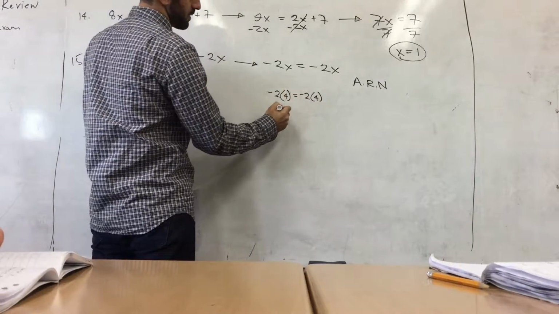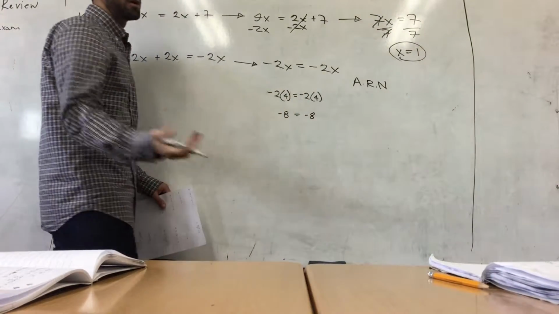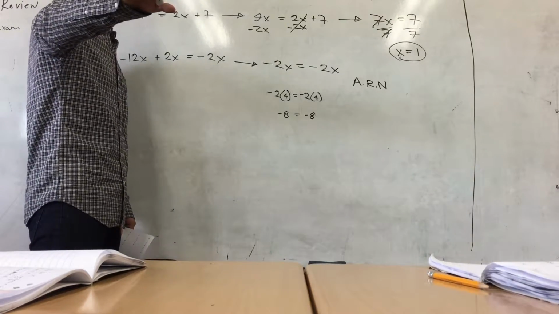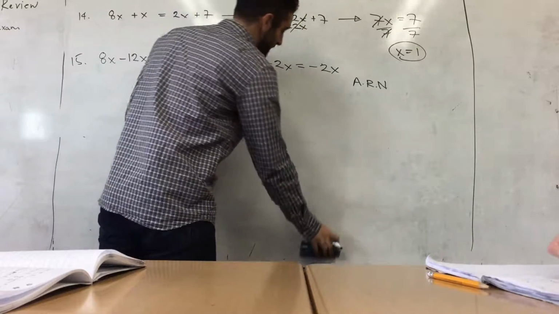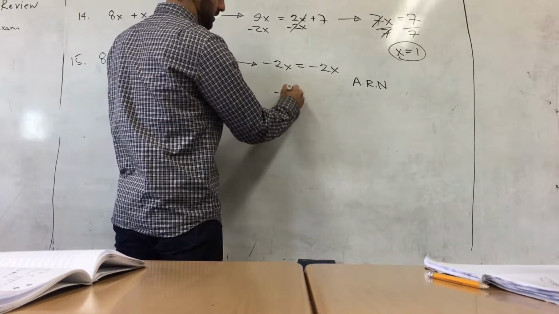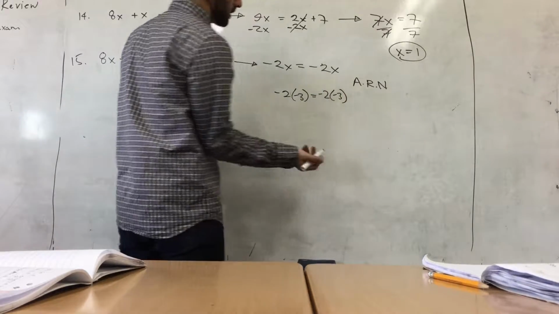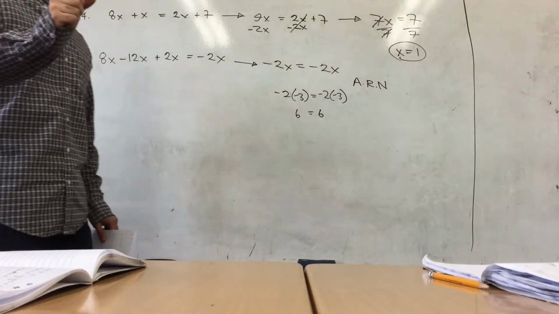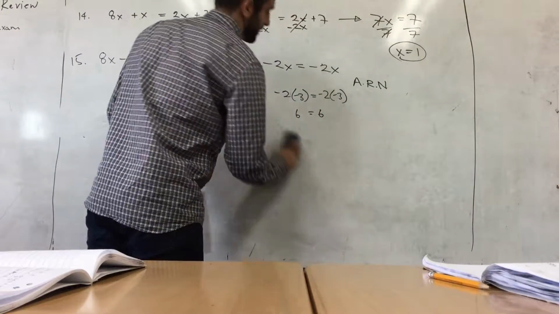Negative 2 times 4 is negative 8 equals negative 8. It's true. Then Bennett says, oh wait, Ollie, if you plug in negative 3, it's not going to be true. I'm like, I don't know, Bennett, I think it's still going to be true. So he plugs in negative 3, and he gets 6 equals 6. You see? No matter what you plug in here, this will always be true.